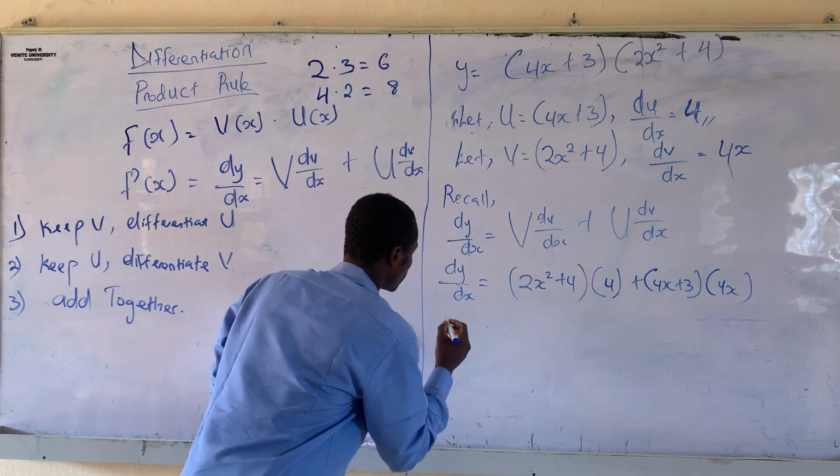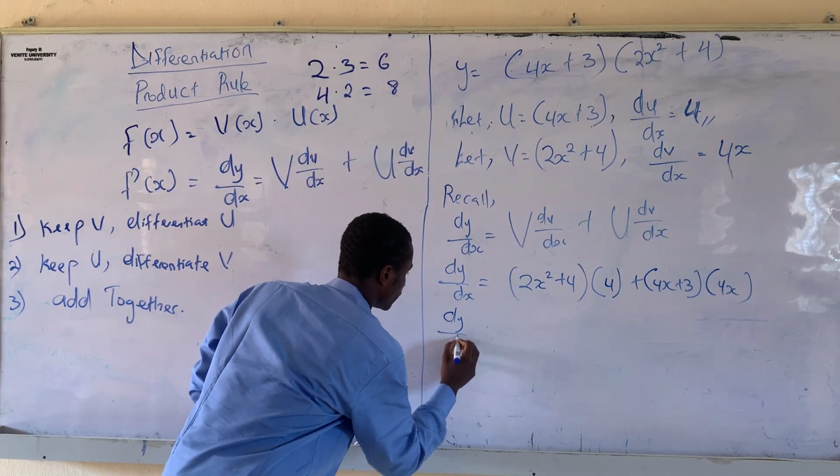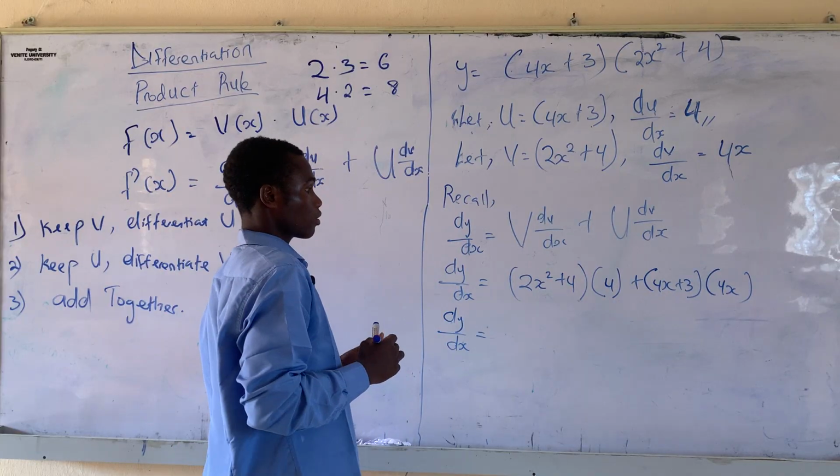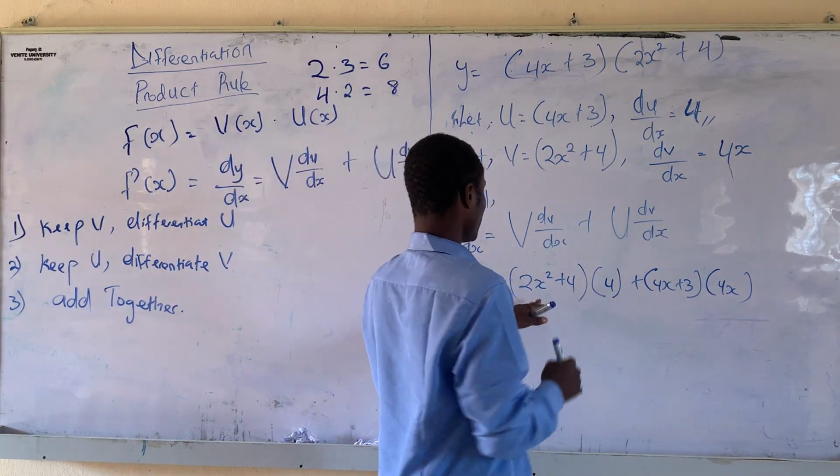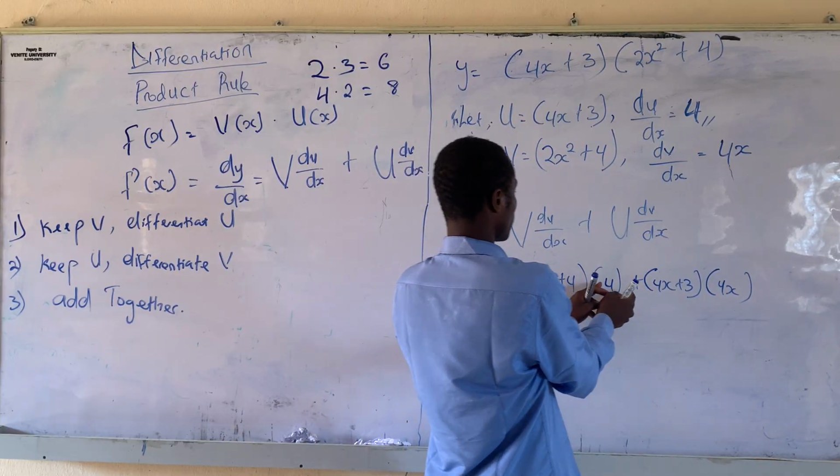So now dy over dx will be equal to, then multiply each of the values in this bracket with this.